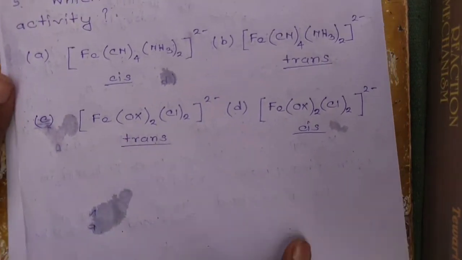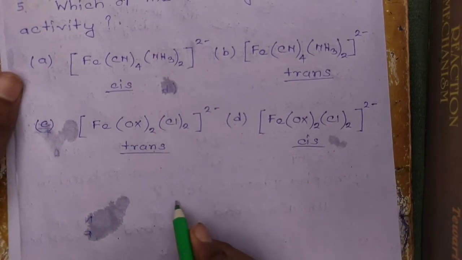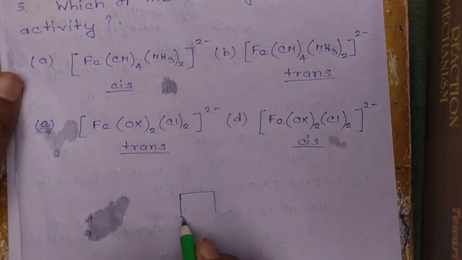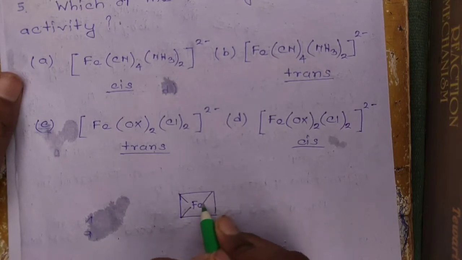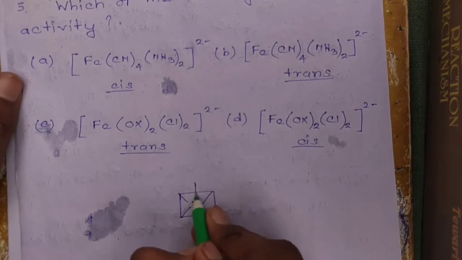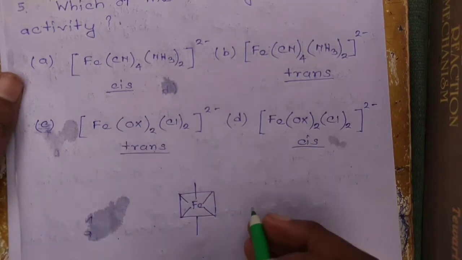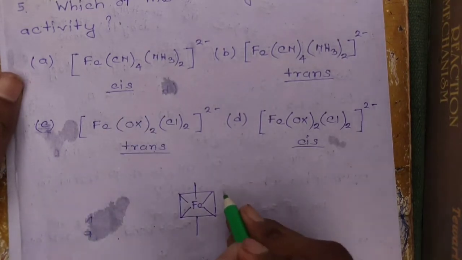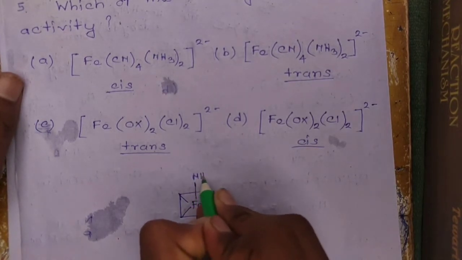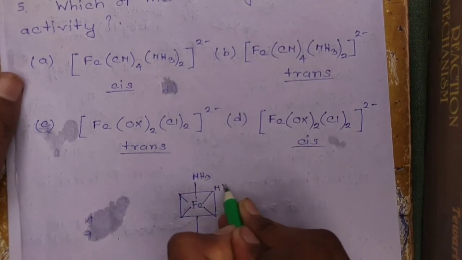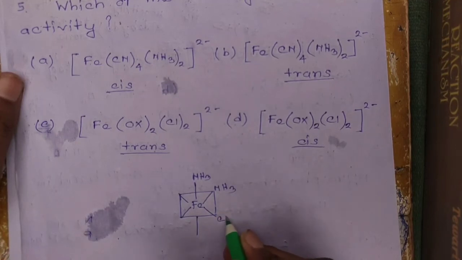Now first of all, we have cis [Fe(NH3)2(CN)4], so just easily you can write like this. It contains cis, so when it is cis, then we can write ammonia, CN.